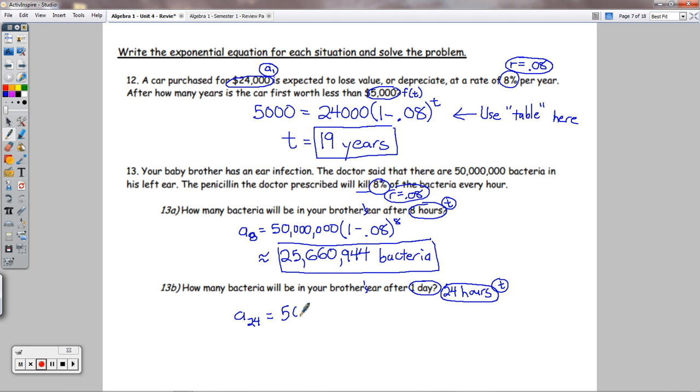So after 24 hours, 50 million times 1 minus 0.08 to the 24th power. Plug that into a calculator, and you get approximately 6,758,929 bacteria.